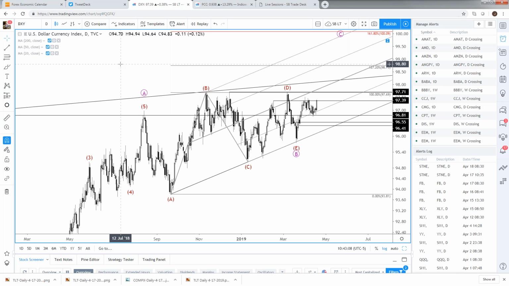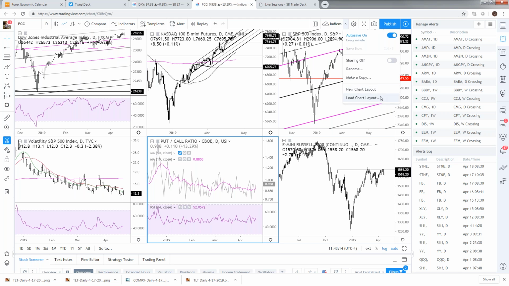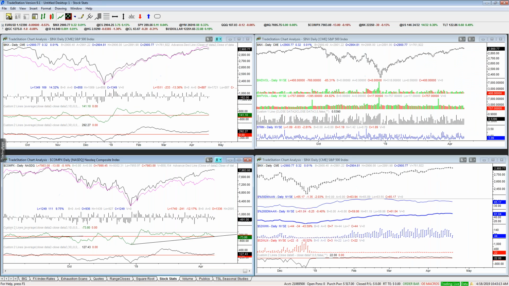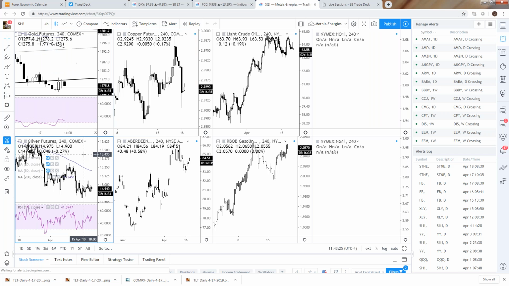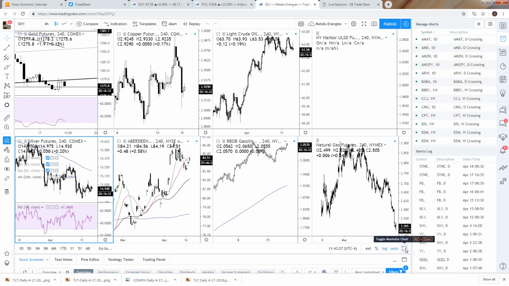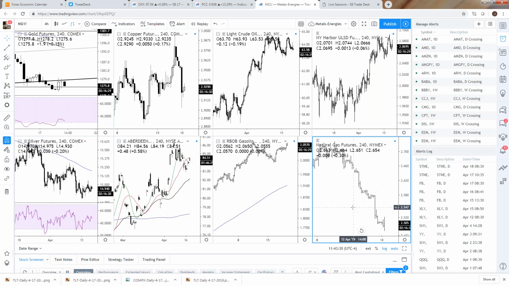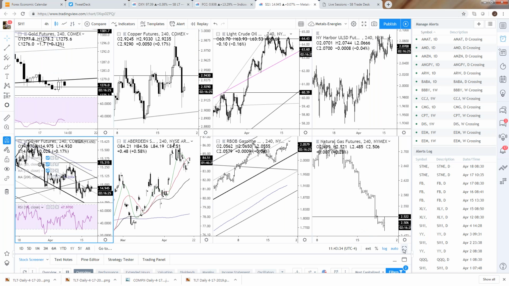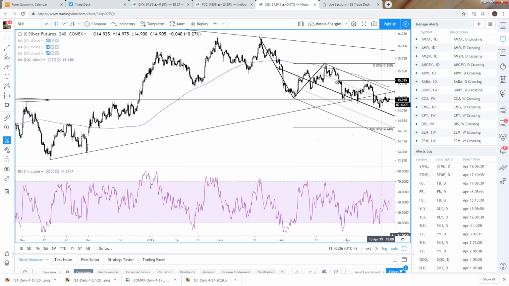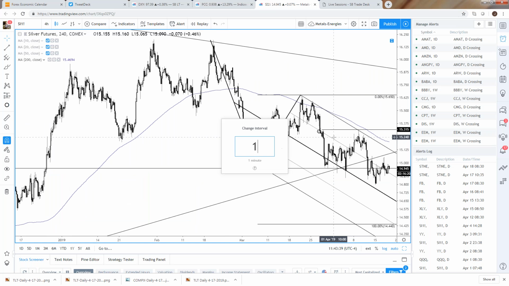Kelly, talking about silver. You got it, pal. Let's look. All right, so we look at silver and gold here. Go to the daily real quick.